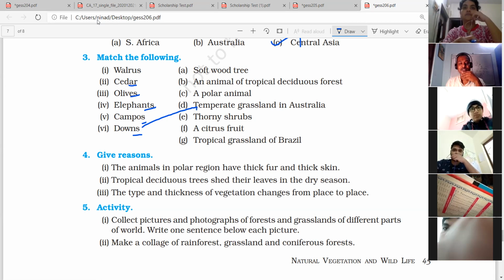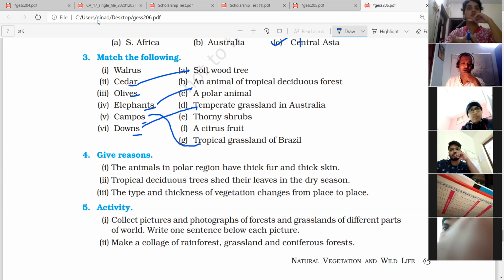Campos: Brazil, tropical grassland. Elephants are found in deciduous forest. Softwood tree: cedar will be softwood. Olive is a kind of citrus fruit. Walrus will be a polar animal. Okay, check it here.